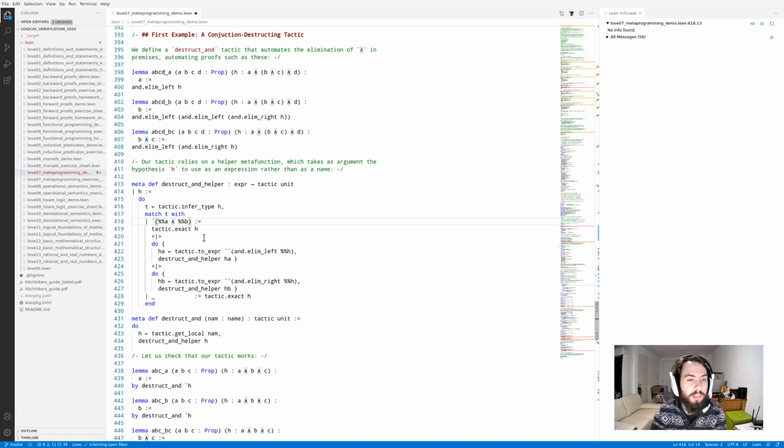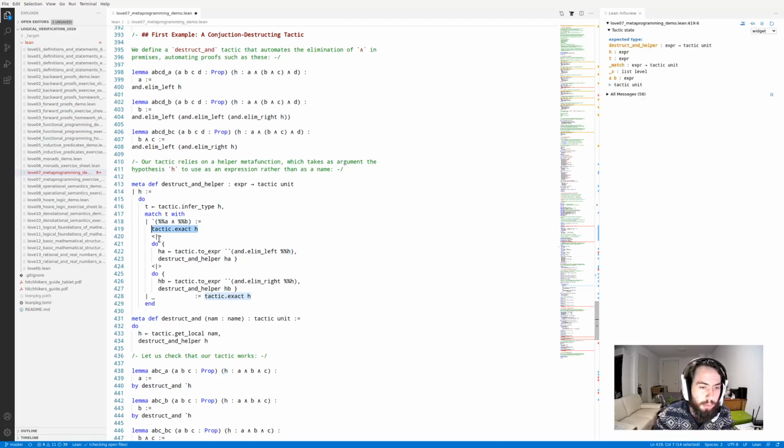So the first thing we're gonna try is, okay, maybe H is already what we were looking for, right? So for example here, our actual goal is a conjunct, and if that's the case, then we want to maybe match a conjunct but not actually process it any further because it might already solve the goal. So that's what we try first.